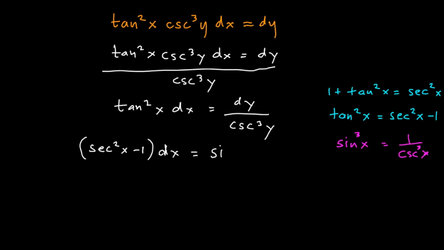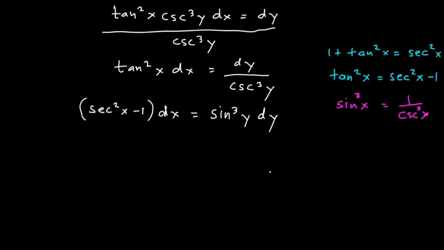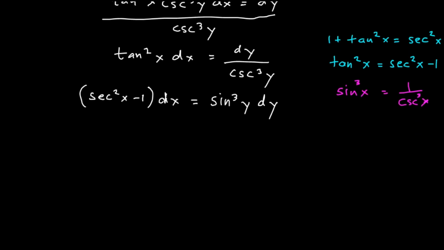So, sine cube y dy. Kasi nga, sine and cosecant are reciprocals. Okay. And then, pwede na nating i-distribute yung dx sa part na to. So, we have secant squared dx minus dx equals.